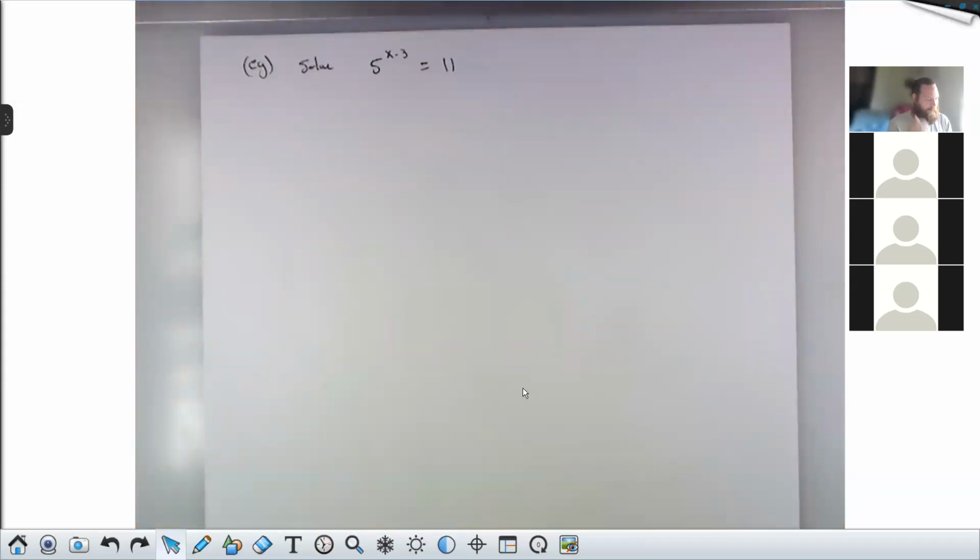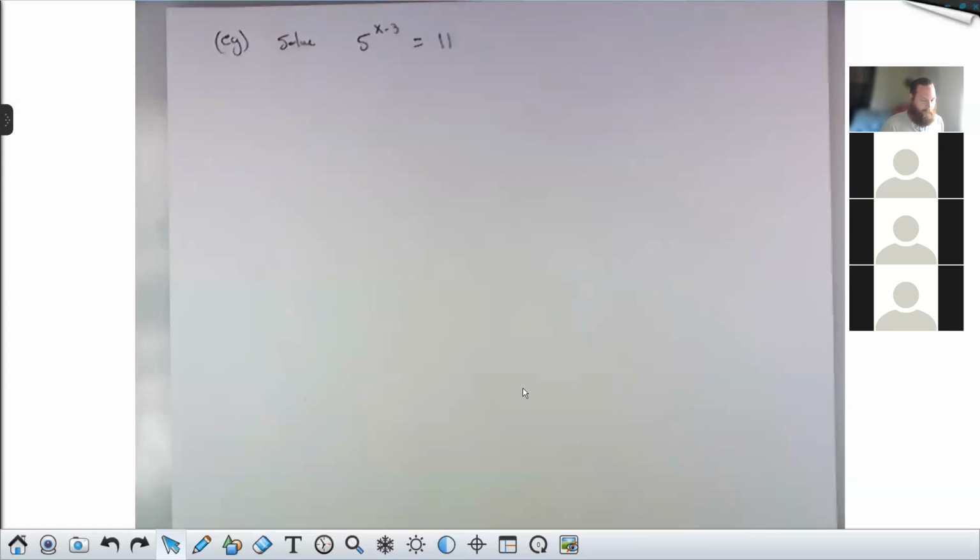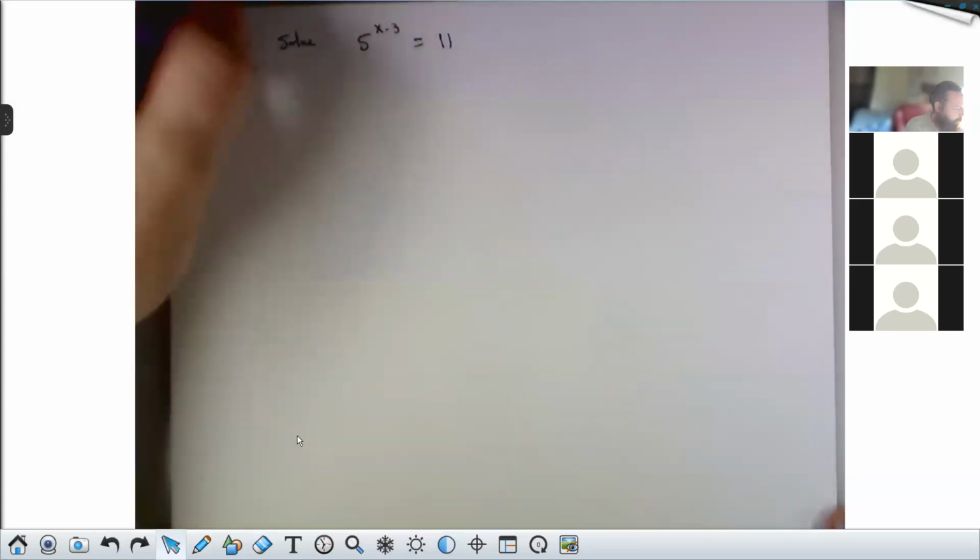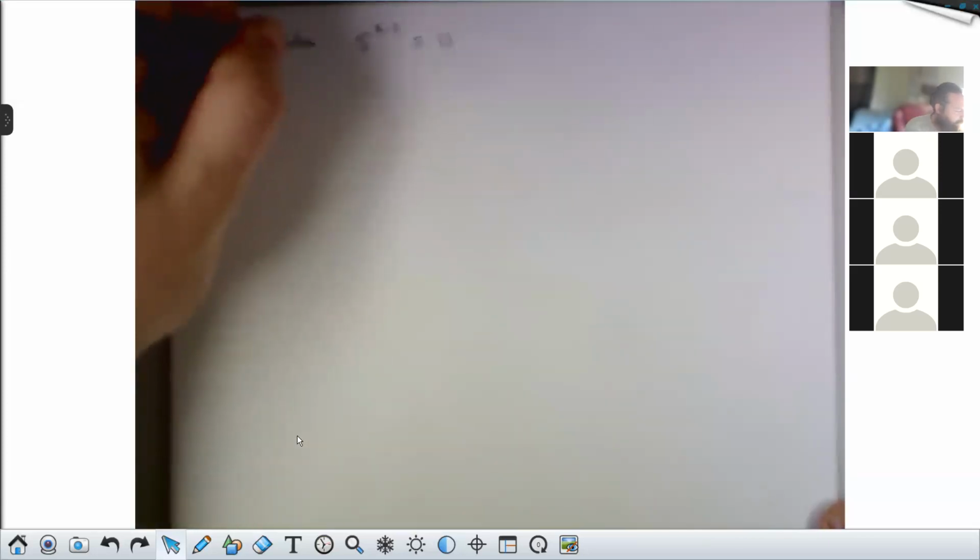So same exact problem. Solve 5 to the x minus 3 equals 11. This time I'm going to begin by taking the natural log of both sides.